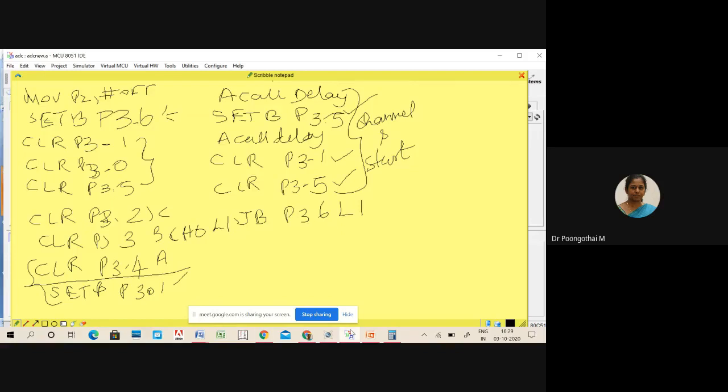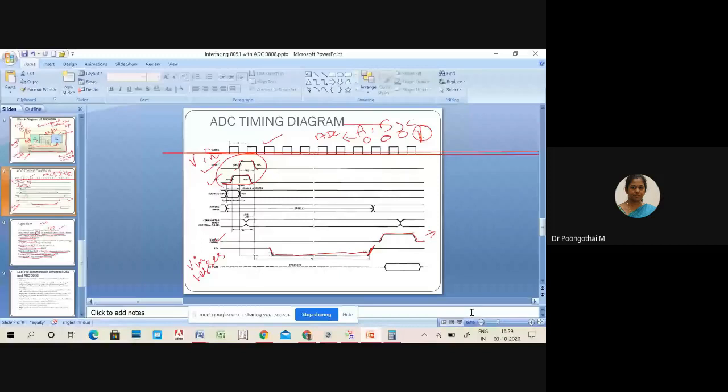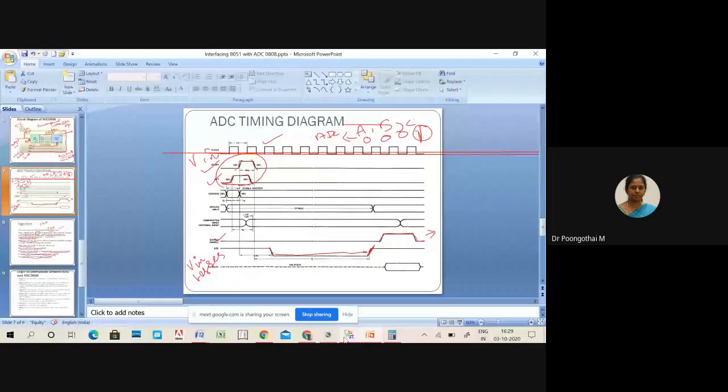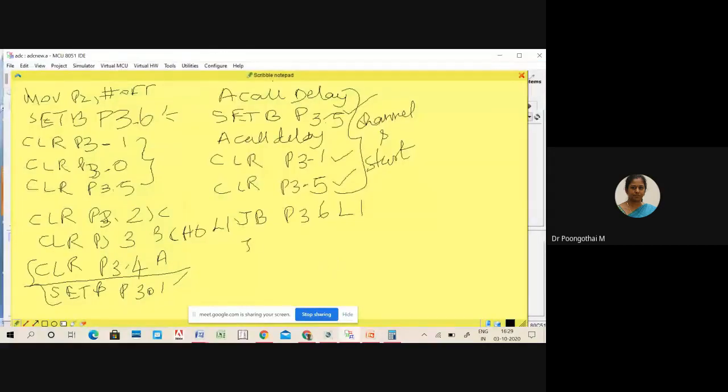According to this timing diagram, initially it is high. So we have to wait until this end of conversion becomes low. Next step, jump no bit P3.6, L2.